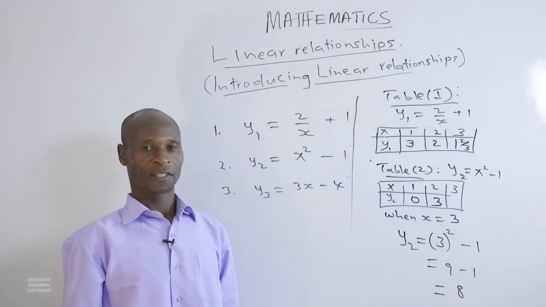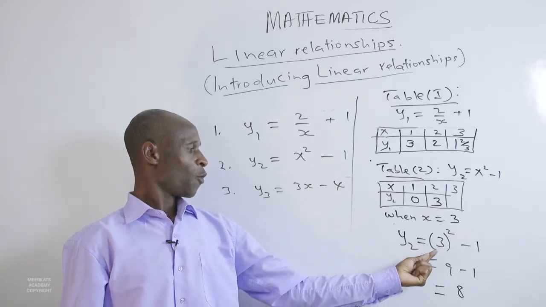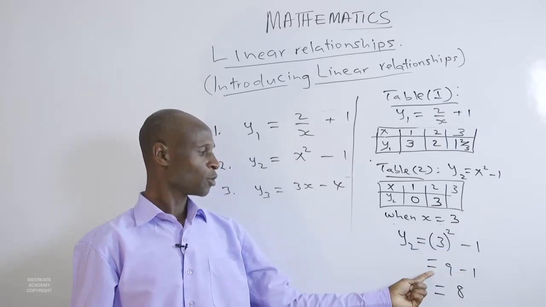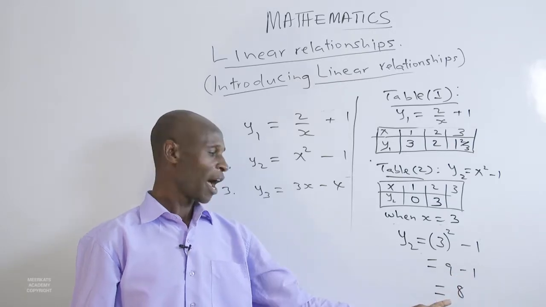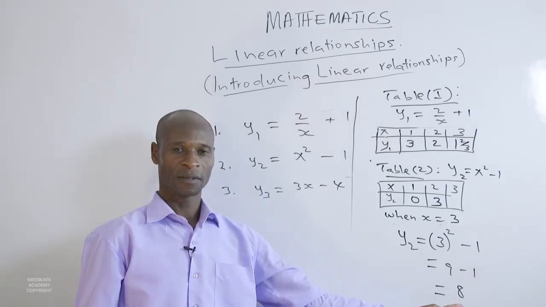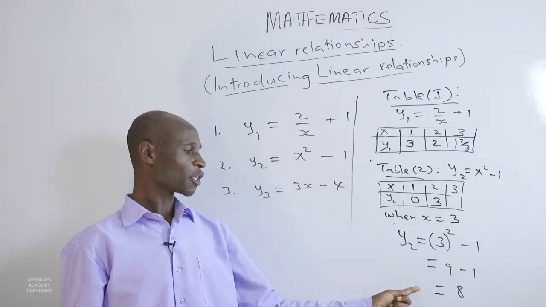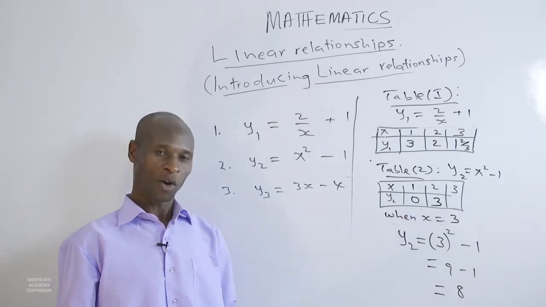We realize that when the value of x is 3, 3 squared minus 1 is equal to 3 squared gives you 9, minus 1, and the result is 8. That means when the x value is 3, the corresponding y value is 8. That is what we fill in our table.